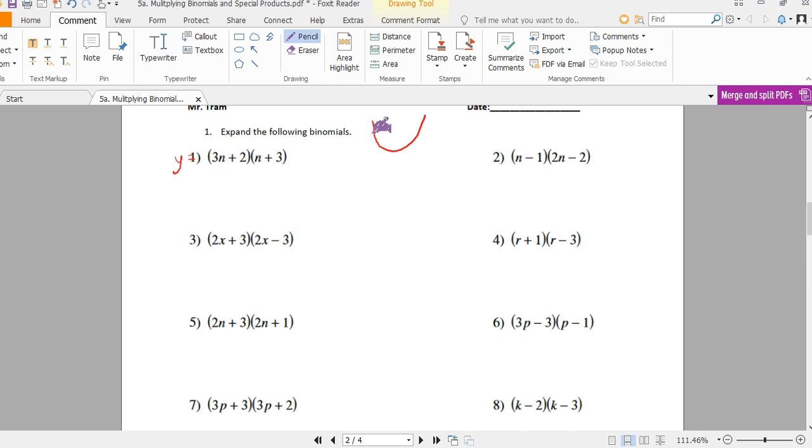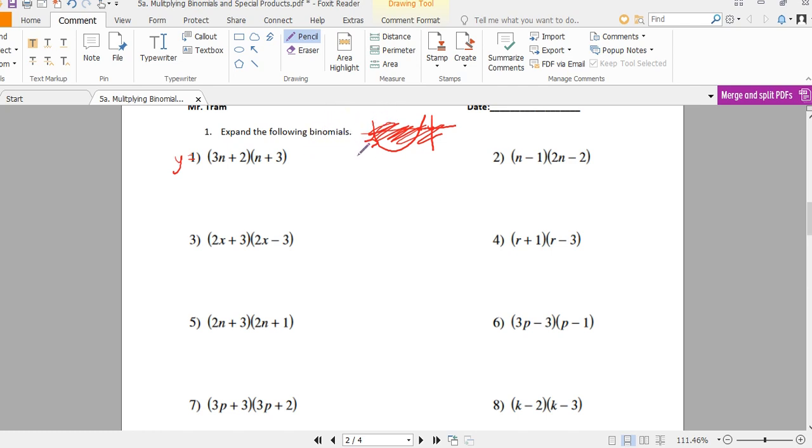That means -3 would be one of them. And then if you solve 3n plus 2, you should get -1/2. And that will give you your other x-intercept. But that's not the focus of this chapter. The focus is now, how do I get this out of the brackets to get it into standard form? And that's what we'll be doing today.